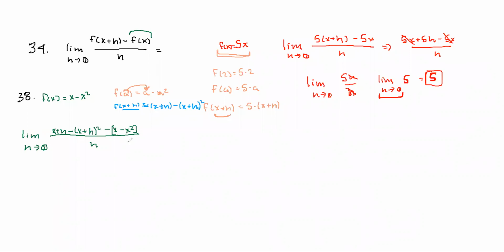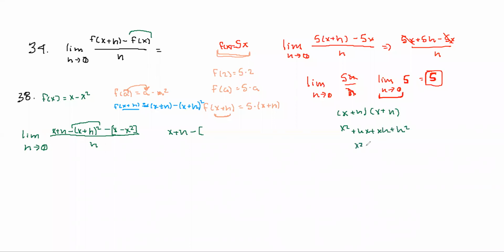So then our next step is we need to expand this, because we need to make this a whole lot larger. So I'm going to end up with x plus h minus, x plus h times x plus h is equal to x squared plus hx plus xh plus h squared.